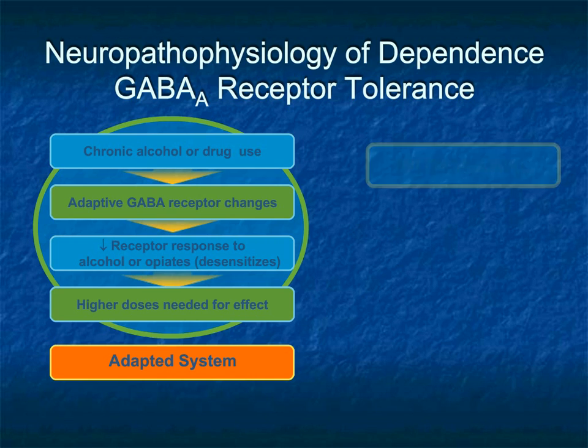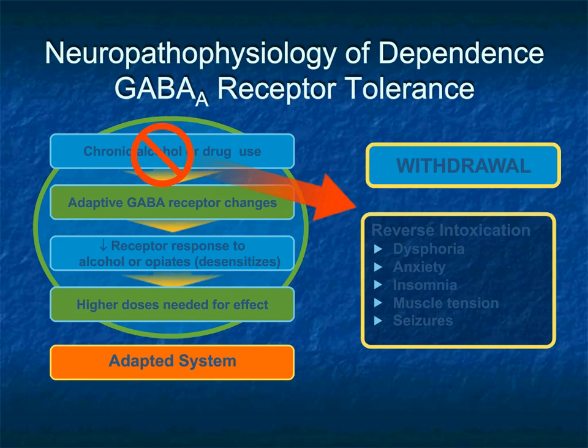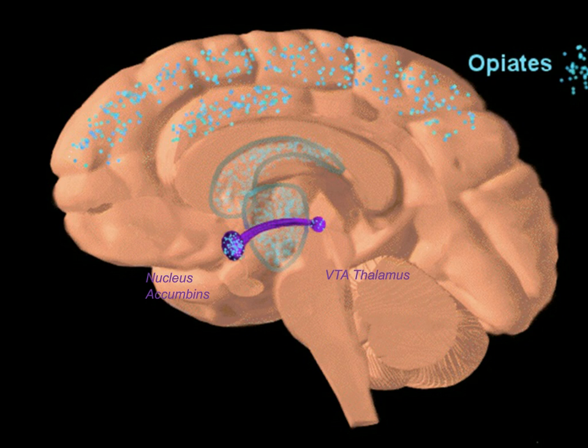Therefore, when you don't take the substance, which is stimulating the GABA receptors directly and indirectly, you get into drug withdrawal and all the problems that are listed on the slide. Opiates work in various places in the central nervous system, and most of us understand the VTA going to the nucleus accumbens, which is the place in the brain where we feel pleasure.